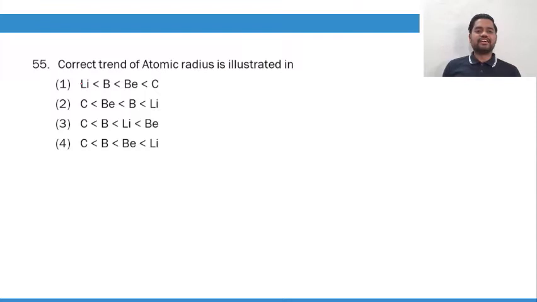Okay. Talking about 55, the correct trend for atomic radius is illustrated. Since nothing is given, we'll go with their normal atomic radius. So it will be followed with what? Lithium is more than beryllium, which is more than boron, then carbon, then nitrogen, then oxygen, and then fluorine. Okay.